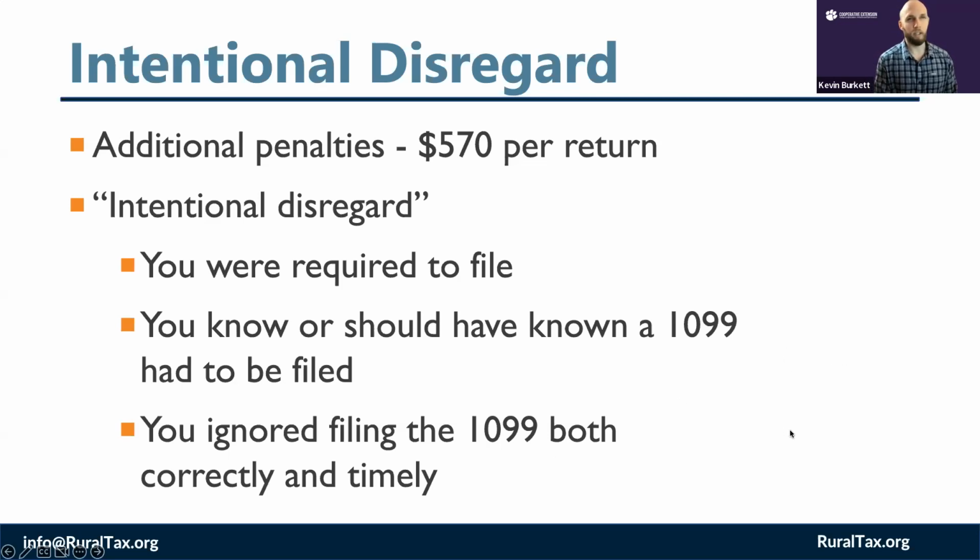I think of a situation where, if you had veterinarian payments for the past 5 years and you've filed in the past, but for whatever reason this year you just did not do it. That's something you were required to file. You probably knew or should have known a 1099 had to be filed, and it was basically ignored.